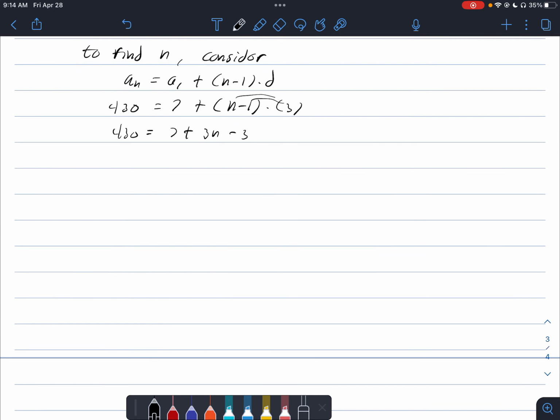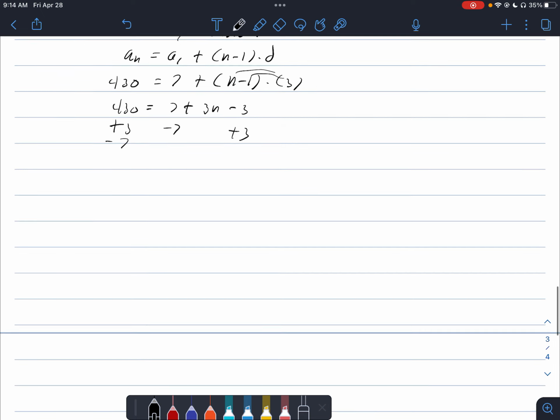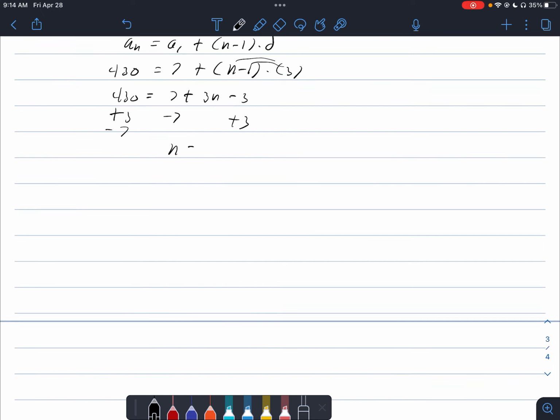If we solve for n, we can add 3 to both sides and subtract 7 from both sides, and we'll end up with n is equal to 430 minus 4 divided by 3, which is equal to 142. So we know that there are 142 terms in this sequence.